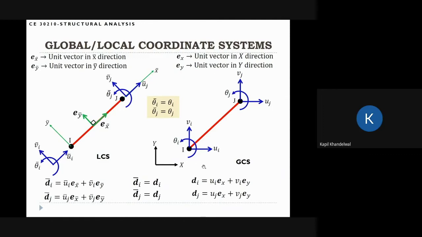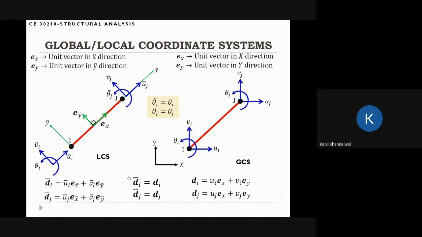So we are writing di is equal to ui Ex plus vi Ey, because ui is the displacement in the x direction times the unit vector in the x direction plus the displacement in the global y direction, vi, times the unit vector in the global y direction. And more importantly, because these are two vector forms, they are the same displacements. So we can write di bar is equal to di, because the displacement is not going to change.